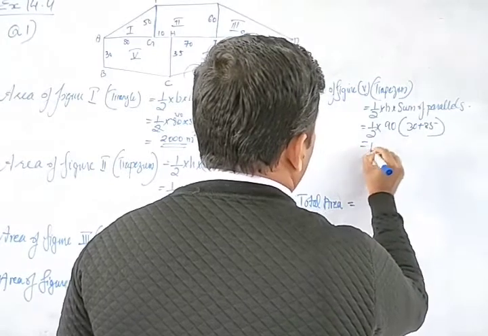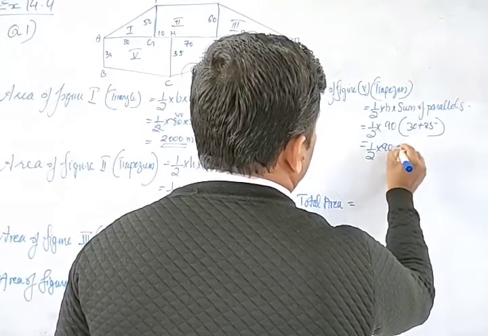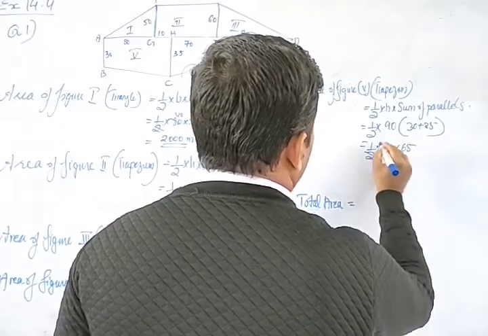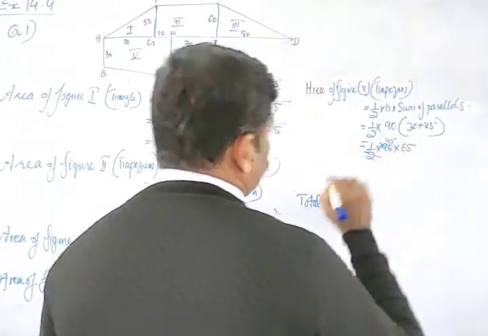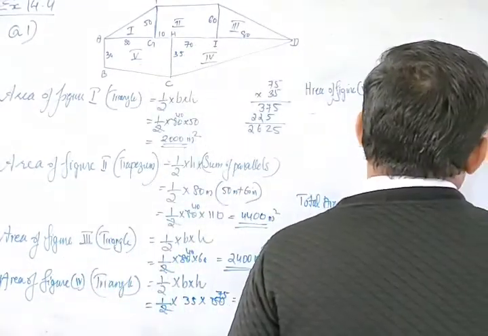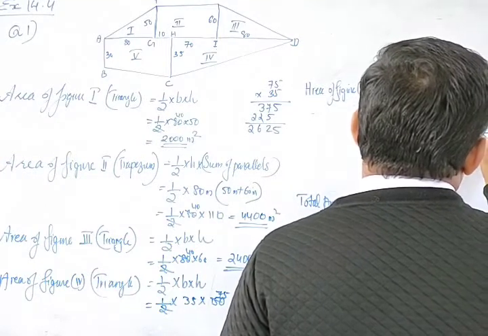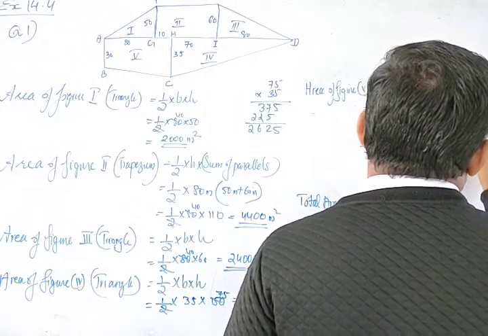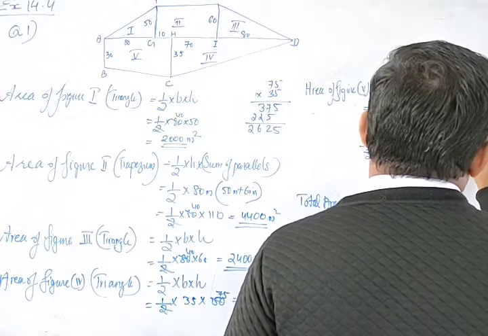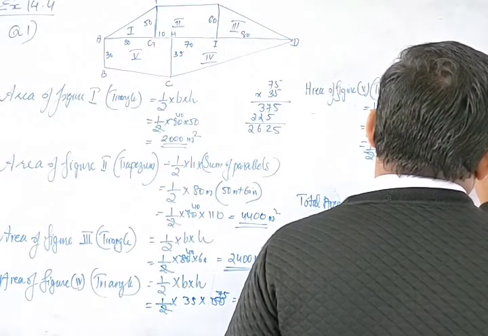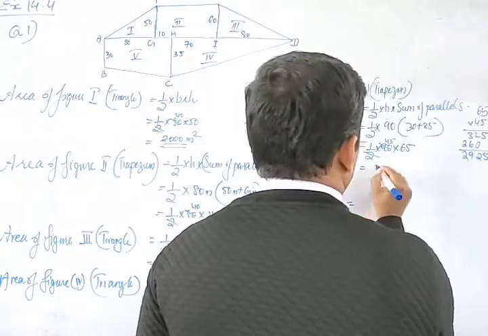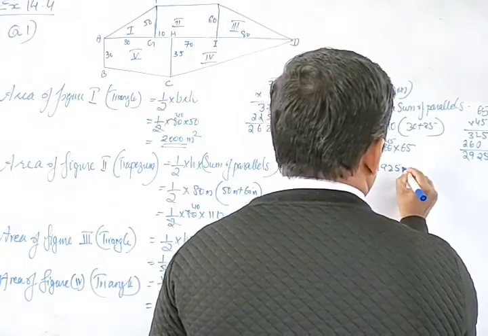That's equal to half into 90 into 65. Here we got 45. Then 65 into 45 is equal to 2925 meters square.